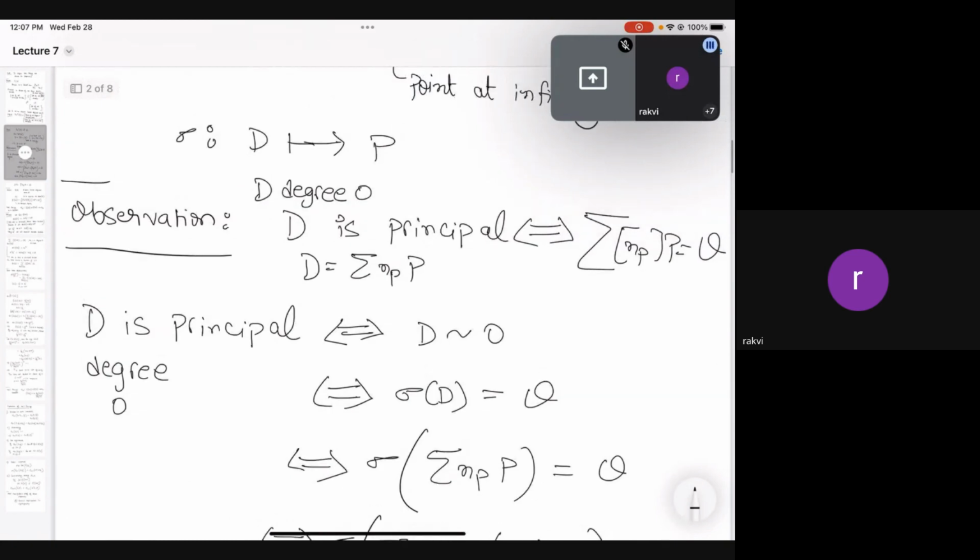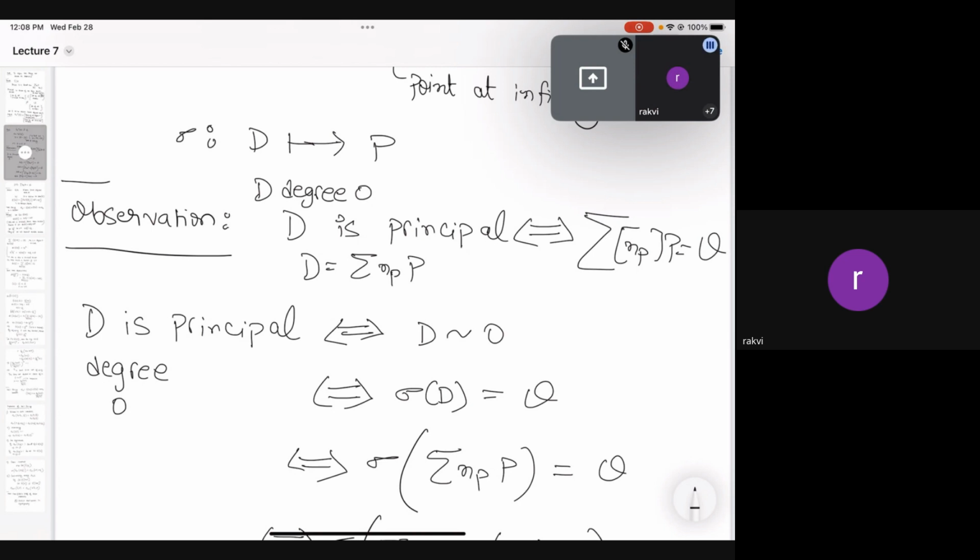And for elliptic curves, what was most important in the Weil pairing construction was this particular observation: given a divisor of degree 0, it's not necessary that it is principal. Principal divisors are basically divisors that come from functions by collecting their zeros and poles. If it is a principal divisor, it will have degree 0, but just because a divisor has degree 0, there is no guarantee that it is principal.